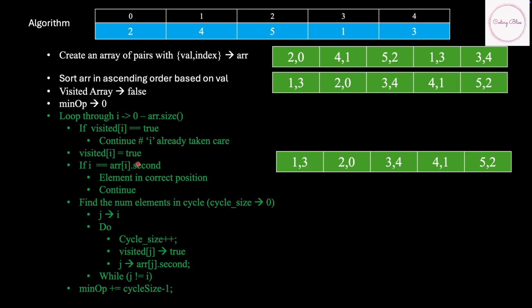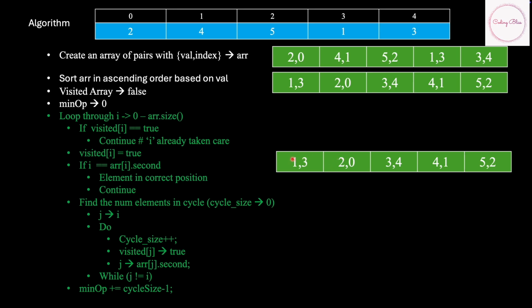Then we will check, in the original array, whether the element is in the same position as where it needs to be. If 1 was placed here, then we would have got 1, 0. But you can see that the actual location of 1 is 3. So this is not the case, so we'll come here.